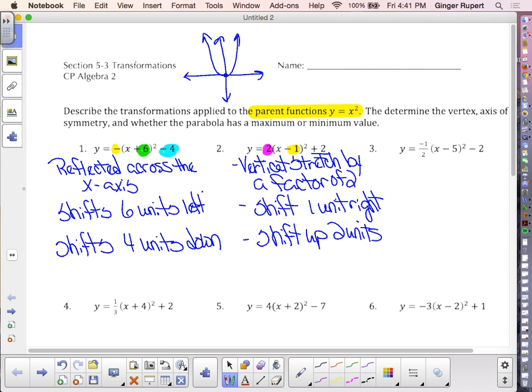Okay, looking at number 3, we have a vertical compression by a factor of 1/2. It's negative, so I have a reflection across the x-axis.